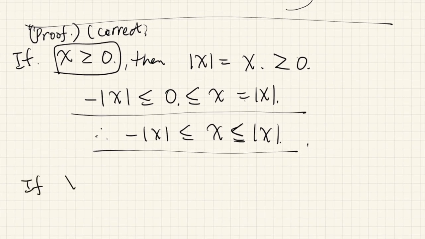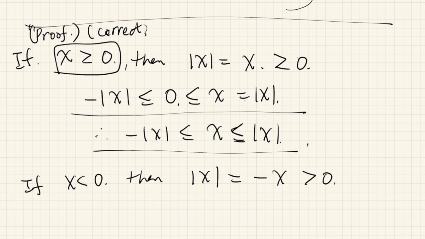And if x is negative, then the absolute value of x is equal to negative x, which is positive, right? Because x is negative, negative x is positive. So, therefore, negative x is less than 0, which is less than negative x, which is equal to the absolute value of x.